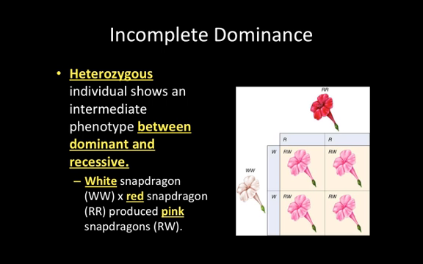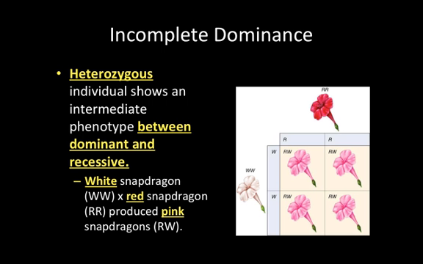So because it's incompletely dominant, that's how you know that this happens. The term incomplete dominance will be in the problem, and it will tell you that. And that tells you that when you get a heterozygous individual, their trait will be something different than the dominant and recessive. It will be somewhere in between the two.